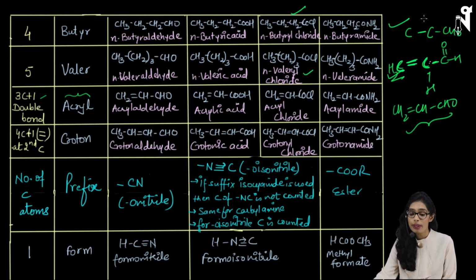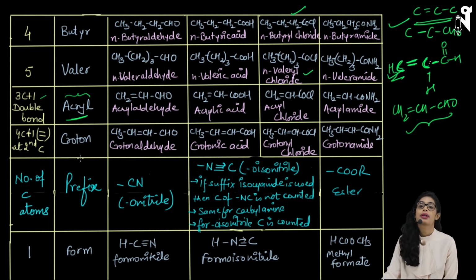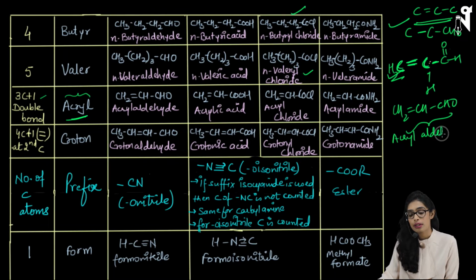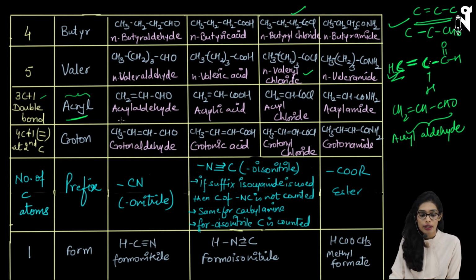Any such combination, C double bond C single bond C, has a common name, and that is acryl. When the aldehyde is formed using this structure, we will call it acryl aldehyde. Look at it, acryl aldehyde.